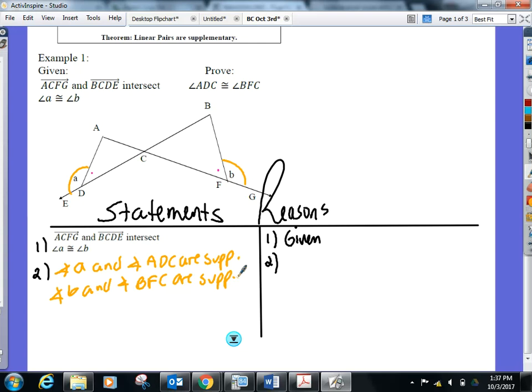That you cannot abbreviate. SUPP is the abbreviation for supplementary. So write out supplements with an E, not an I. Supplements of congruent angles are congruent. All good? Questions?